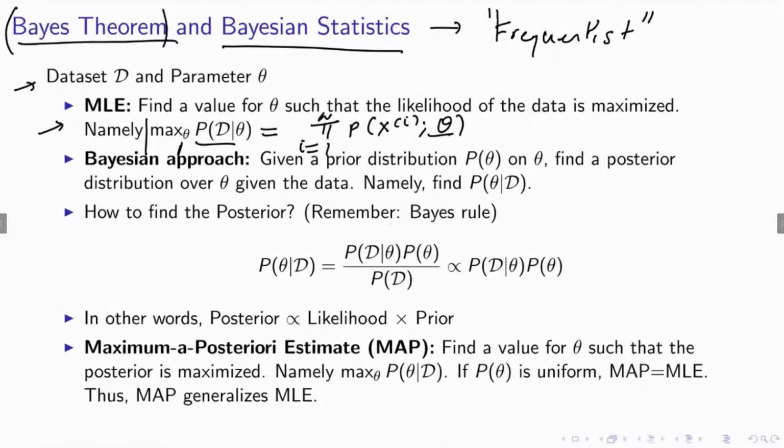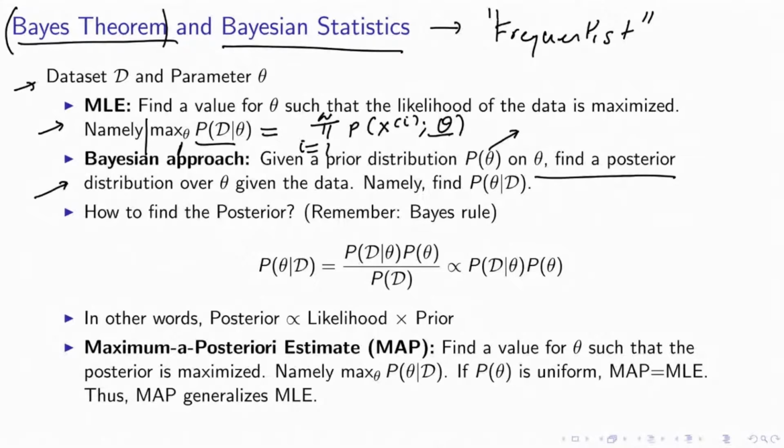What the Bayesian approach does, as I said, is it combines prior knowledge with data. You'll assume a prior knowledge or a prior distribution over the parameter theta. Let's call that distribution p of theta. Okay. Then, given data, instead of just maximizing the likelihood, what you will do is find a posterior distribution over the parameter theta by combining it with your prior distribution.